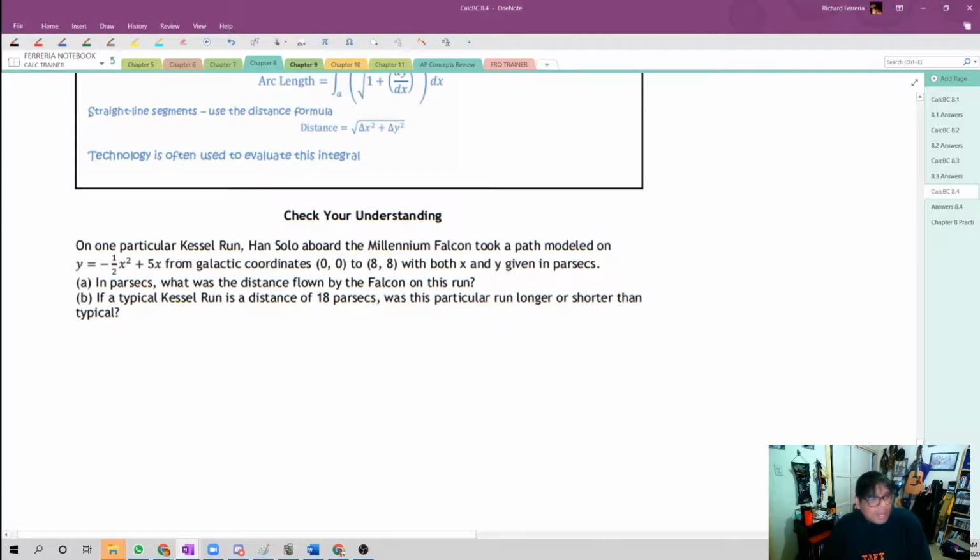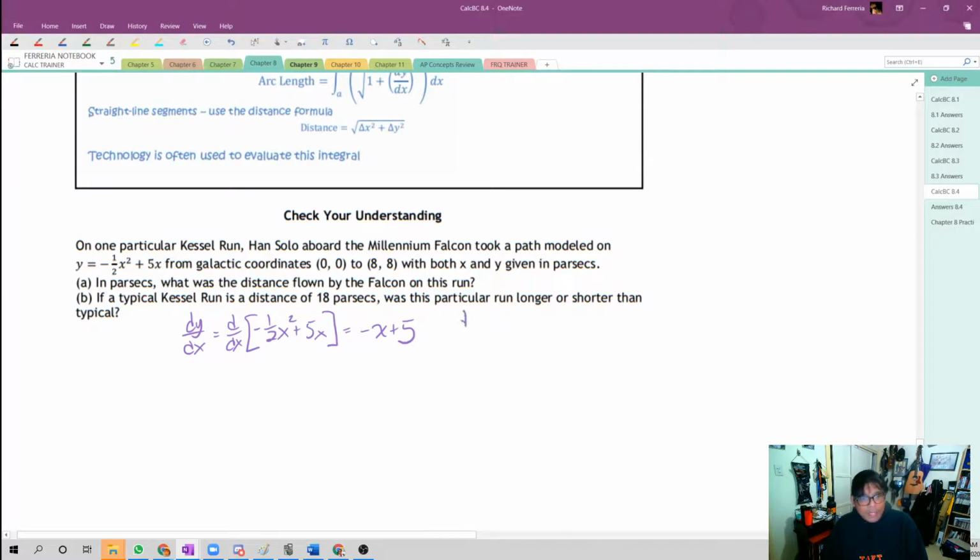We need to find a distance formula, so I need the derivative dy/dx, which is the derivative with respect to x of negative 1/2 x squared plus 5x. That derivative is equal to negative x plus 5.